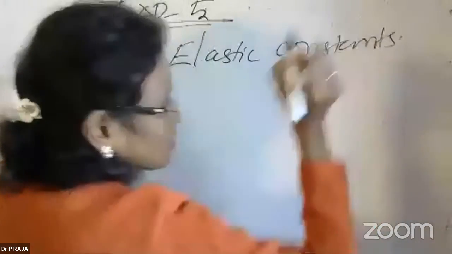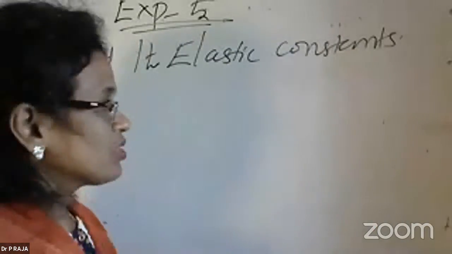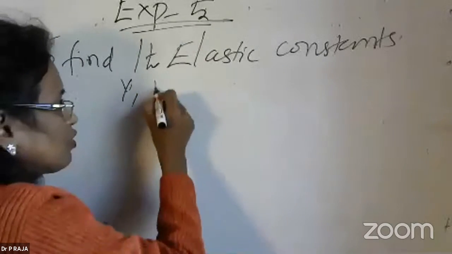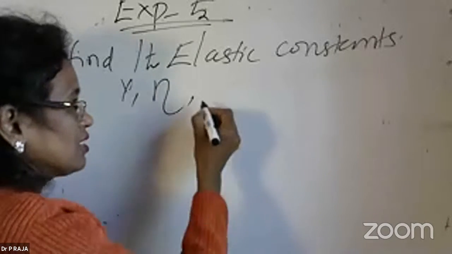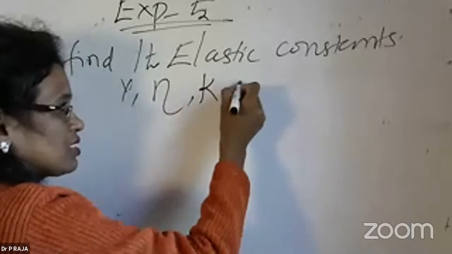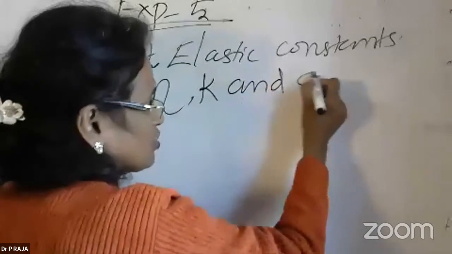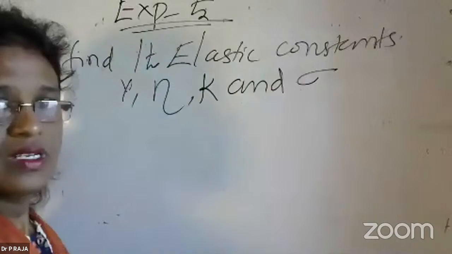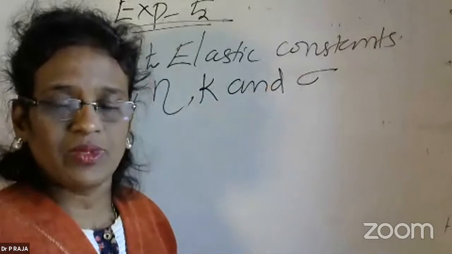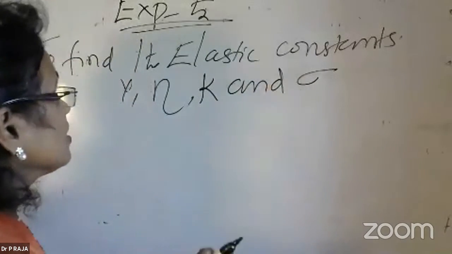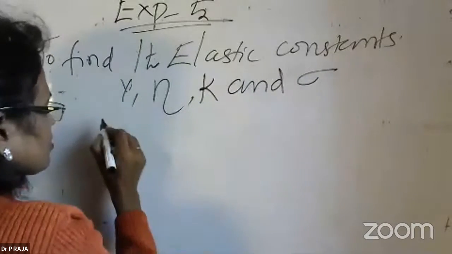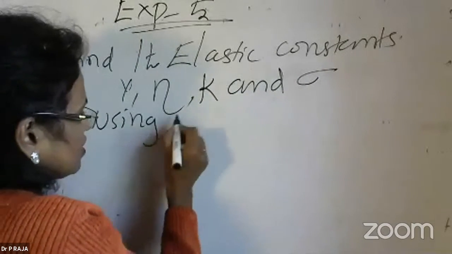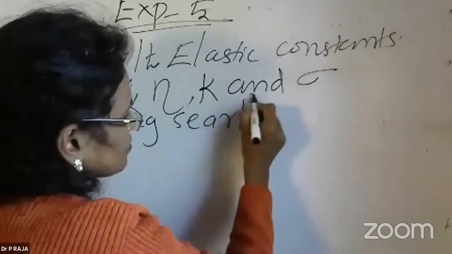So what are the elastic constants you have studied? You have studied about the Young's modulus, modulus of rigidity, right? And then bulk modulus and the Poisson's ratio, right? So this particular experiment is called finding the elastic constants using Searle's experiment.